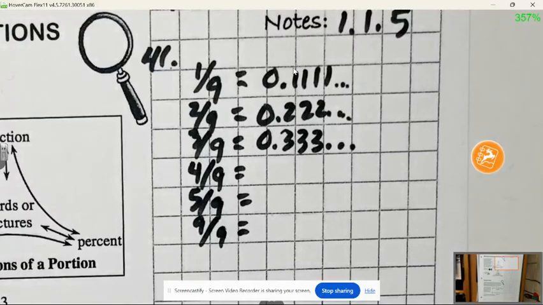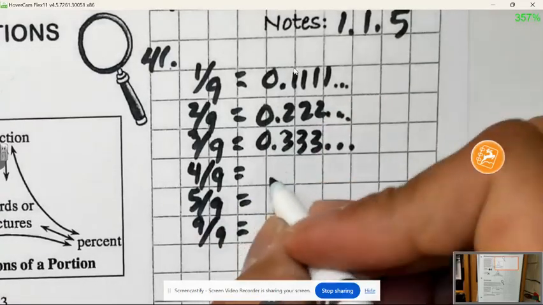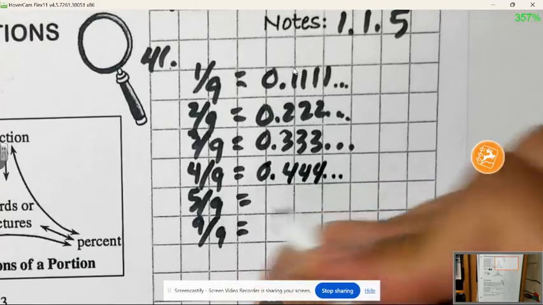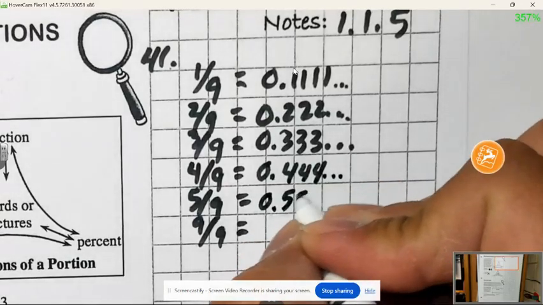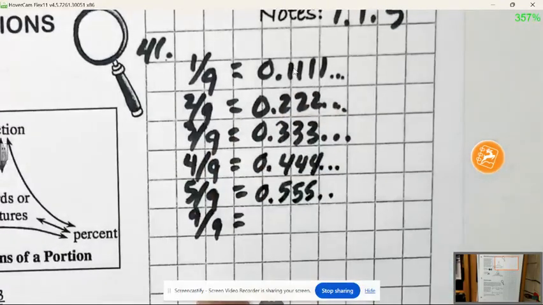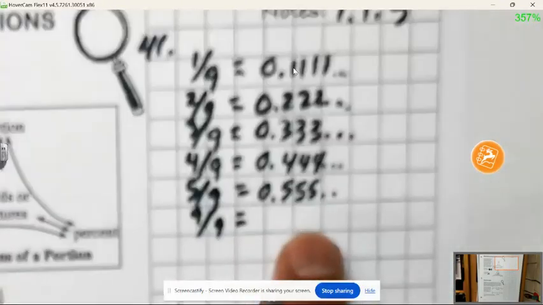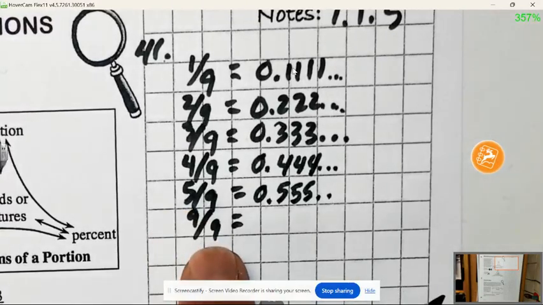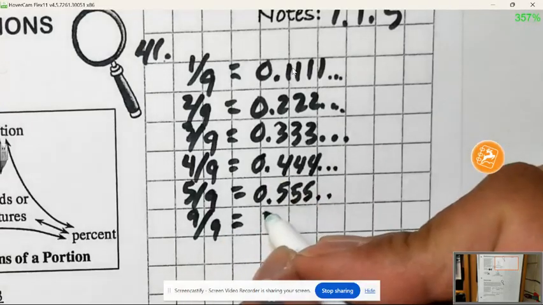Okay, so what you should see so far, or what you should have predicted so far, is that 4/9 is 0.444444, 5/9 is 0.55555, and then 9/9 does follow that pattern, but one thing you got to remember in math is that any number divided by itself is 1.